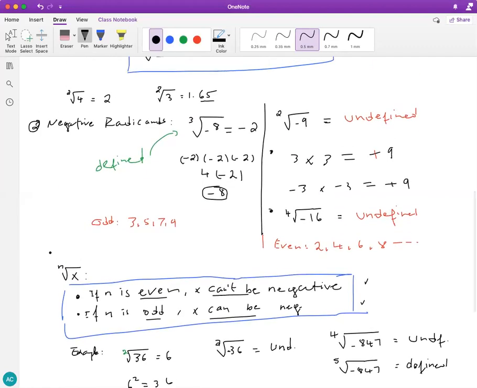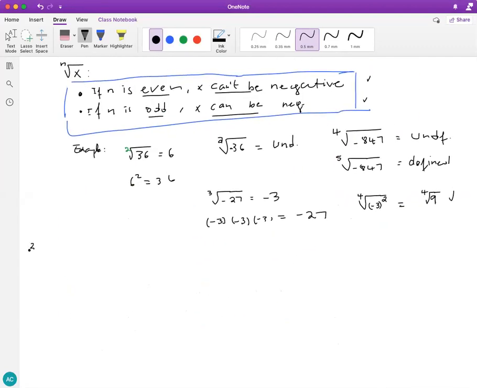So this will be number 3. Simplifying radicals.